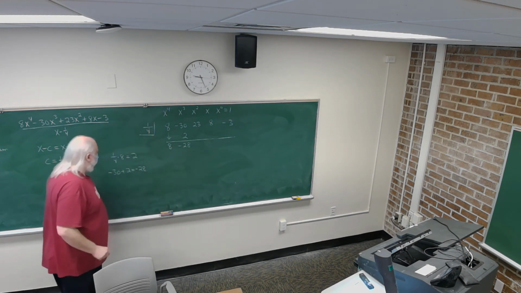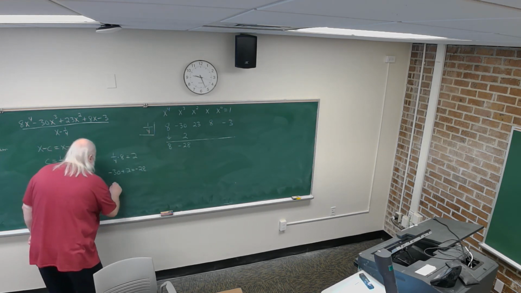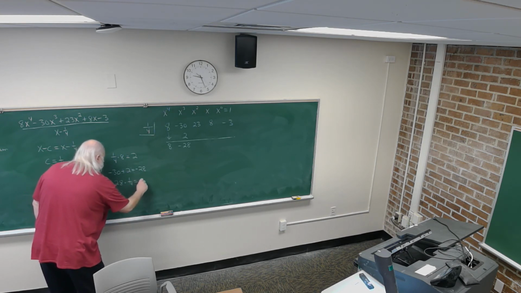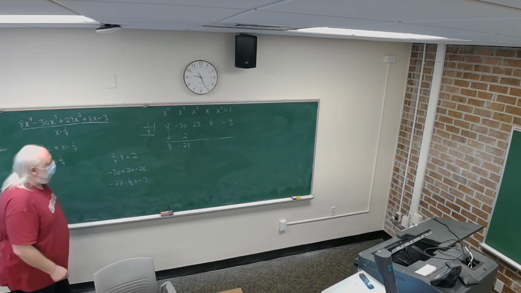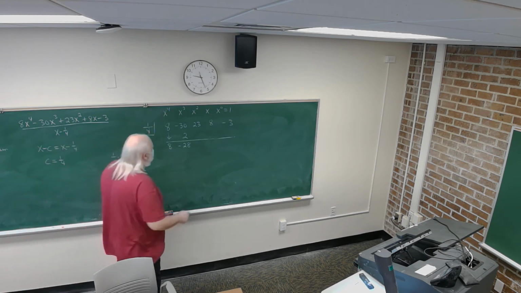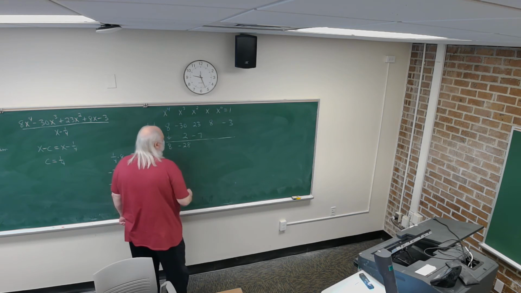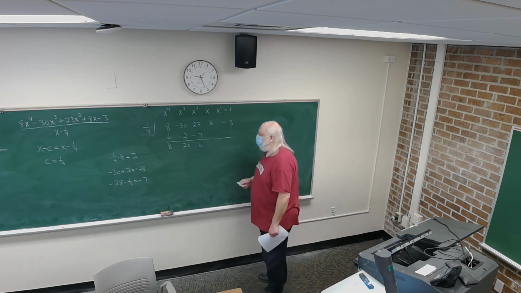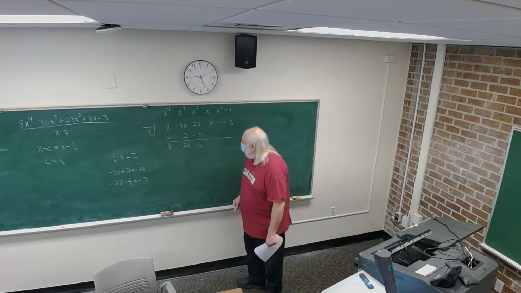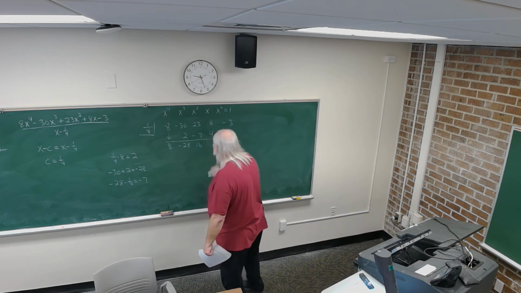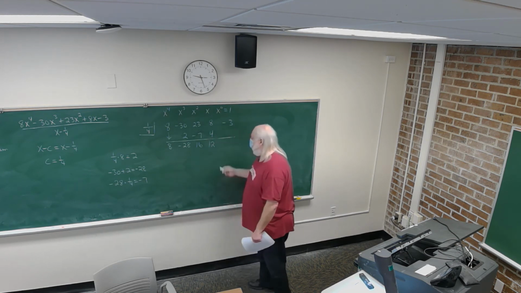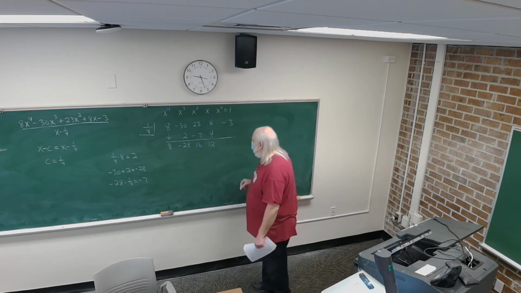And now we multiply minus 28 by 1/4, which is equal to minus 7. Minus 7 goes in the next column. Minus 7 plus 23 is 16. And now we multiply 16 by 1/4 and we get 4. And 8 plus 4 is 12. Now we multiply 12 by 1/4 and get 3.